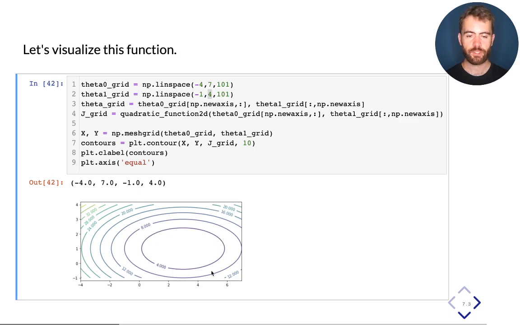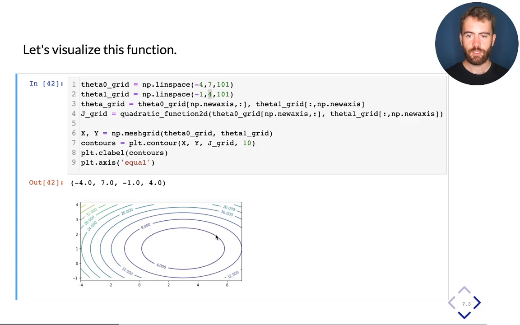So all the combinations of theta 0 and theta 1 that fall on this inner ellipse, for all of these combinations, the function will take the value 4. And similarly, along this second ellipse, the function takes the value 8, and then 12 and 20 and so forth.